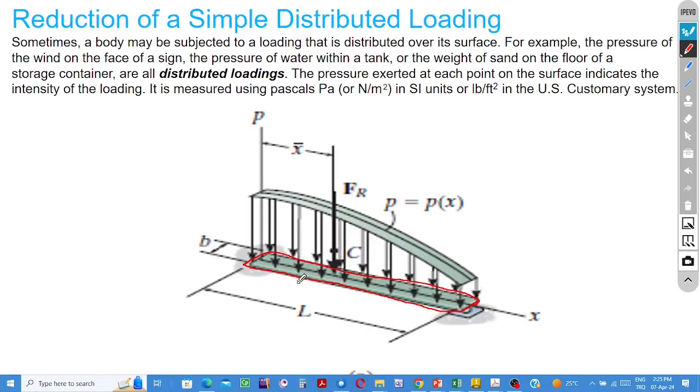Well, the question is the same. How can we find the resultant of such a force system, such a load? Or in other words, how can we replace this load system, this force system, with an equivalent one?